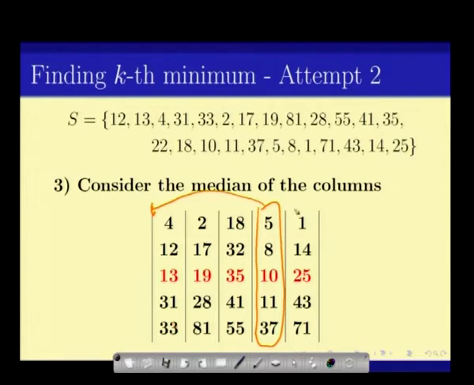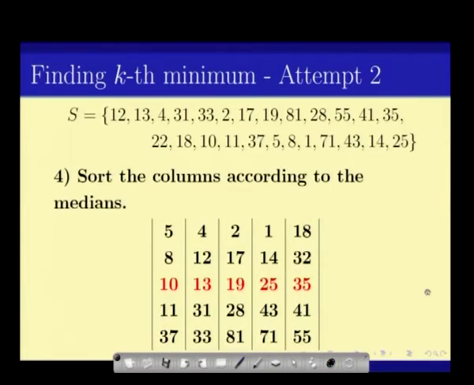Similarly, since 25 is less than 35, but greater than 19, we will move this whole column here. If we do that, what we finally end up getting is something like that. So, we sort all these columns according to the medians.